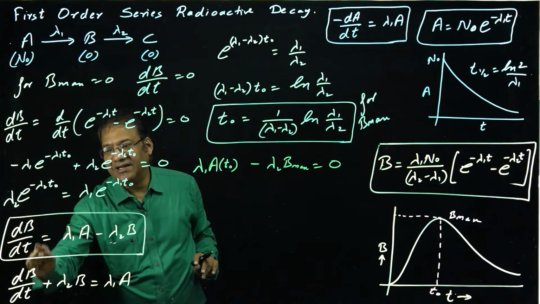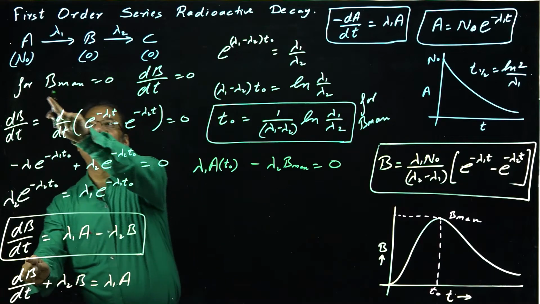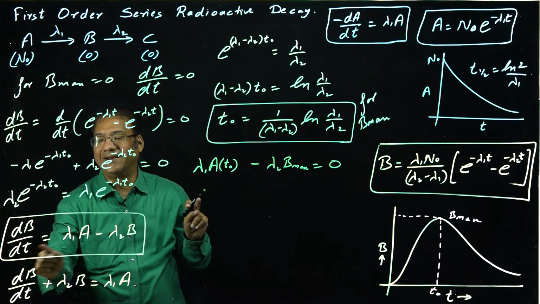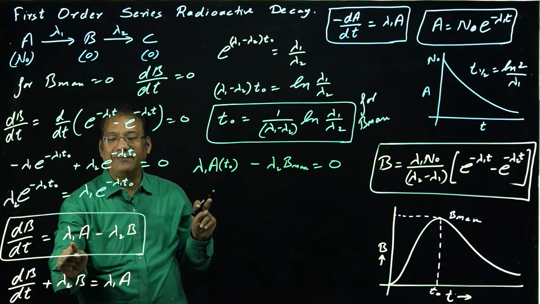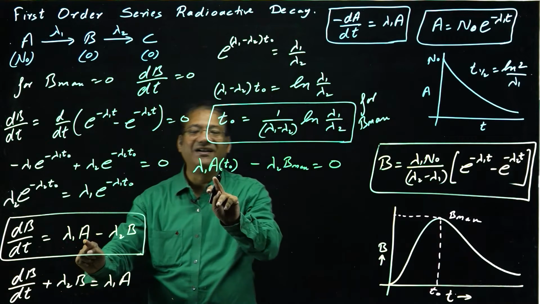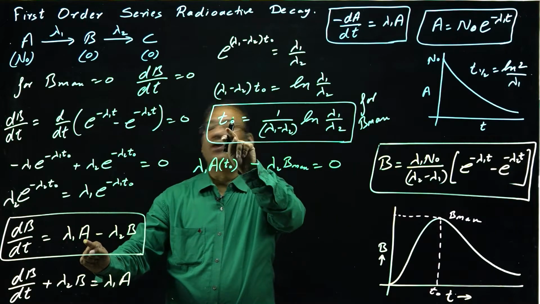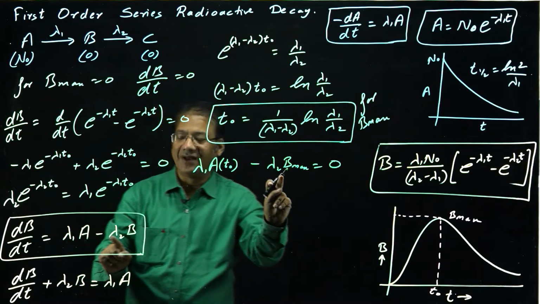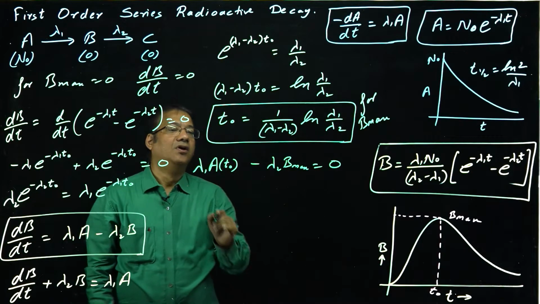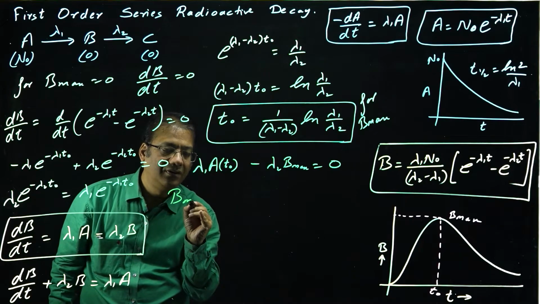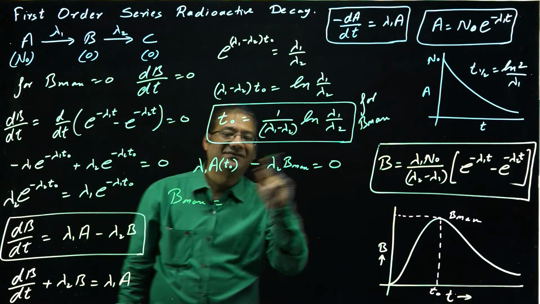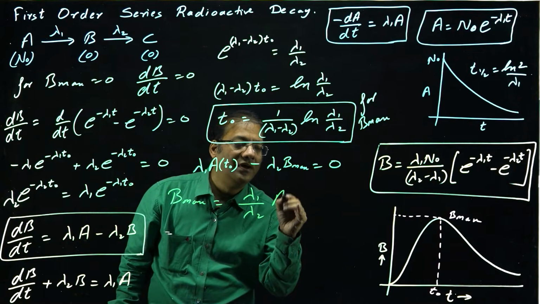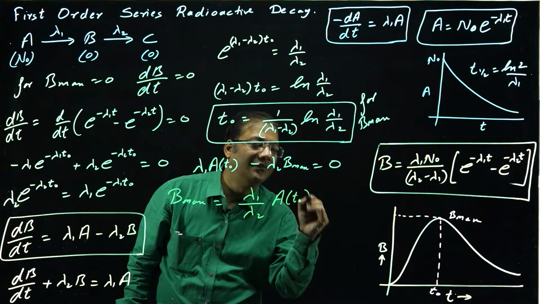When B is maximum, dB by dt is 0. Here I substituted 0, dB by dt 0 is equal to lambda 1 A. A will take the value at time T naught because B is maximum at T naught minus lambda 2, and here B is maximum. So B max can be written as lambda 1 upon lambda 2 A at time T naught.